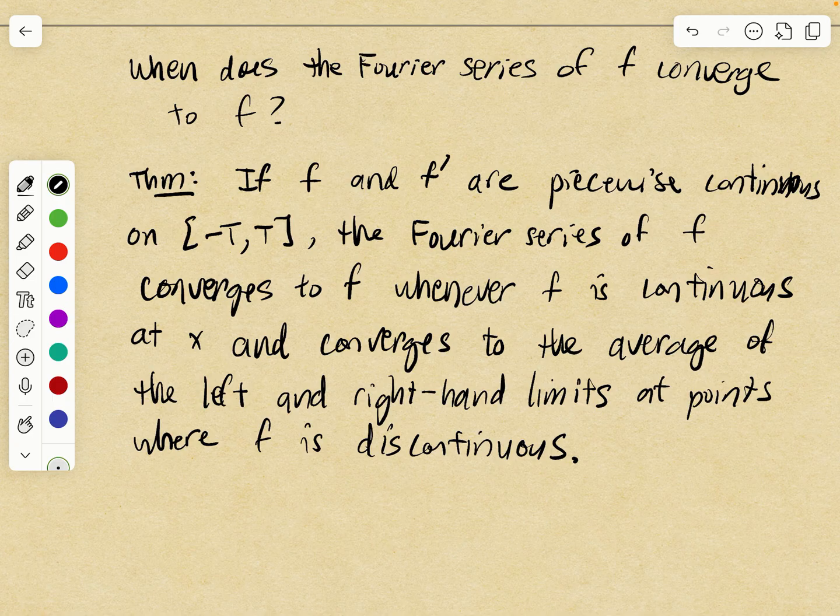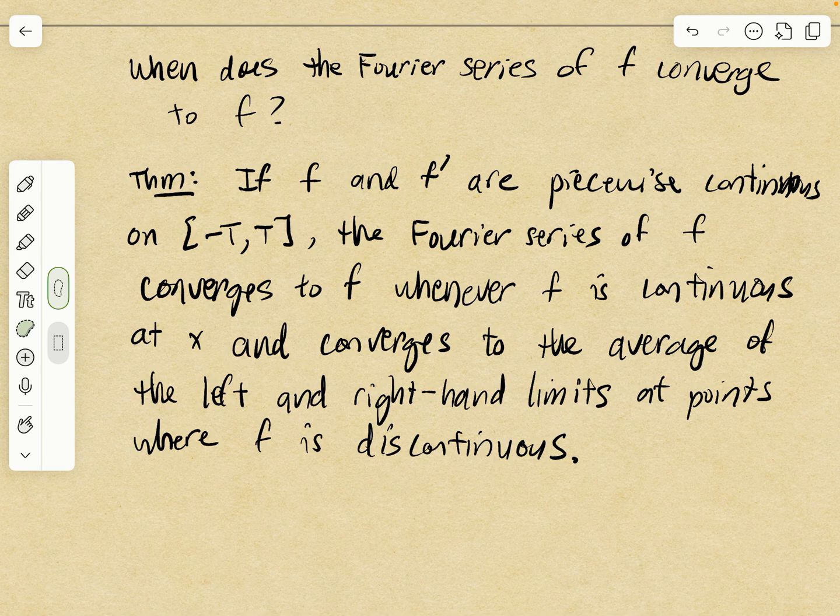So let me explain this a little bit. f needs to be a piecewise continuous function on this closed interval from negative t to t. In these videos and in the book that I'm following, they only define Fourier series when your function is piecewise continuous.